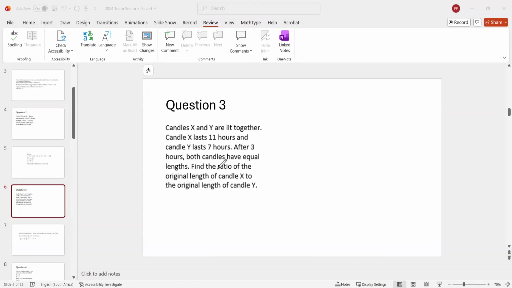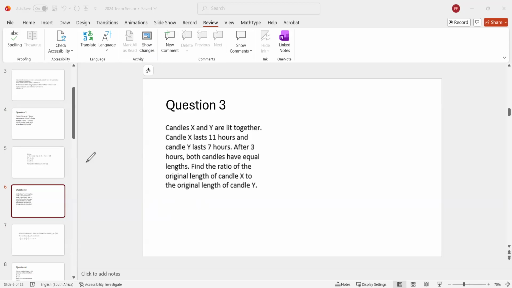Candle X lasts for 11 hours, and Y lasts for 7 hours. They burn off. These candles have limited lifespans after they are burnt. Now, after 3 hours, both candles have equal lengths. Find the ratio of the original length of candle X to the original length of candle Y.